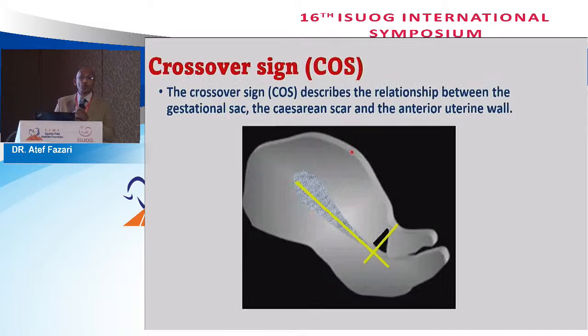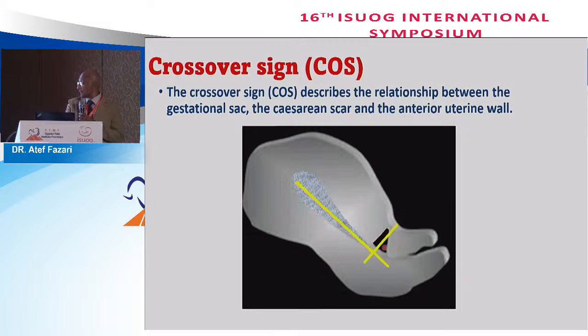And we have something called, I am quite sure you all know it, the crossover sign. Usually we have a line from the fundus, or from the above side of the sagittal view, from the endometrium down to the internal os, and a perpendicular line from the reflection of the bladder towards the posterior triangle.